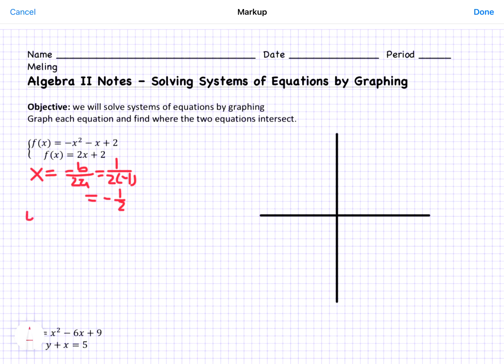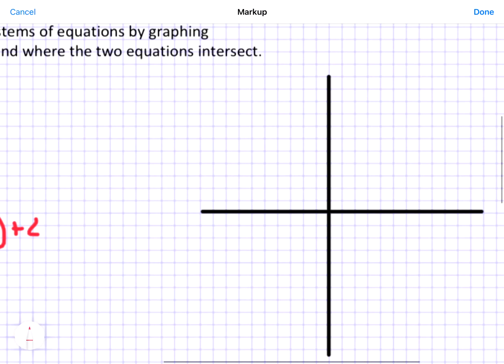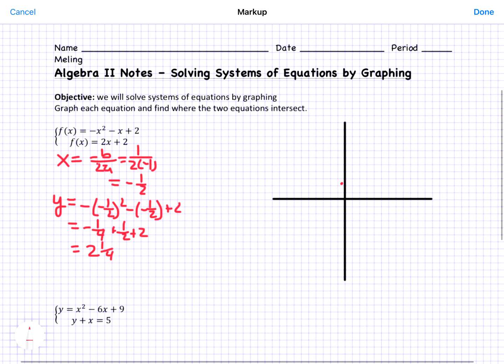And then our y value is negative of negative 1/2 squared minus negative 1/2 plus 2. So this is negative 1/4 plus a half plus 2, which is 2 and 1/4. So we know we're at negative 1/2 and 2 and 1/4. That puts our vertex somewhere around there.